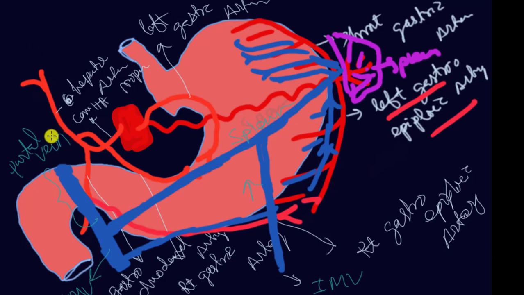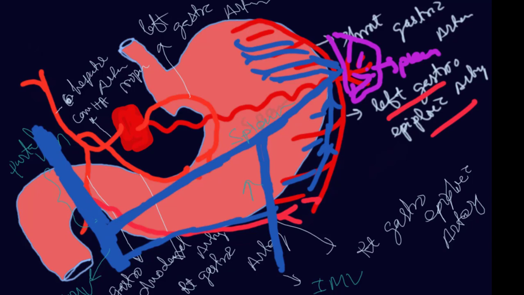The portal vein is the union of the superior mesenteric vein and the splenic vein. Clear?